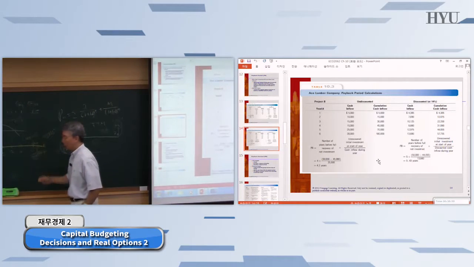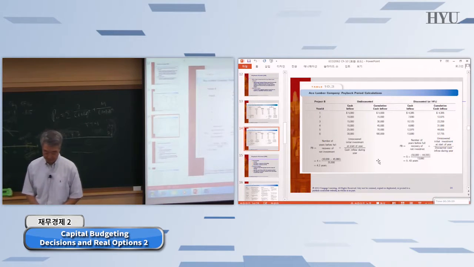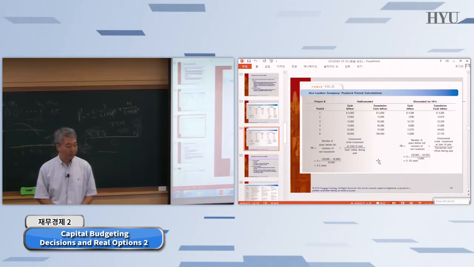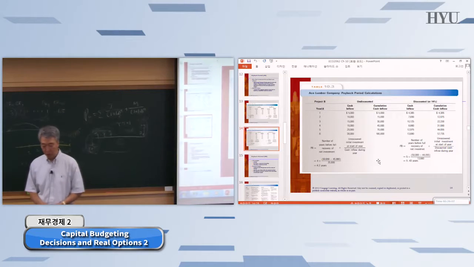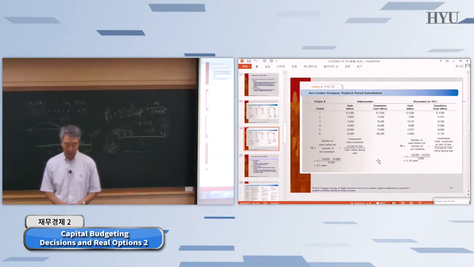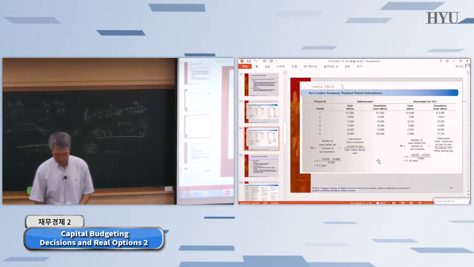So it's kind of interpolation idea. Yeah, so that's what you have to do to come up with the exact payback period. Okay? Again, if you decide to use payback period method, then you should use discounted payback period, right? Because undiscounted doesn't make sense.